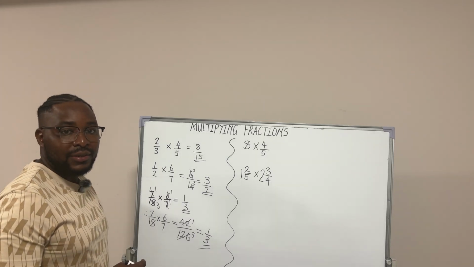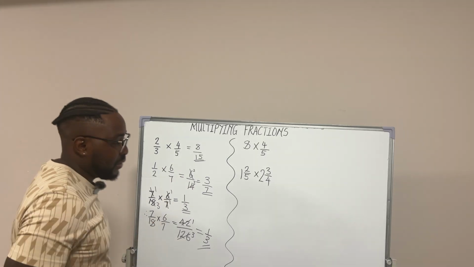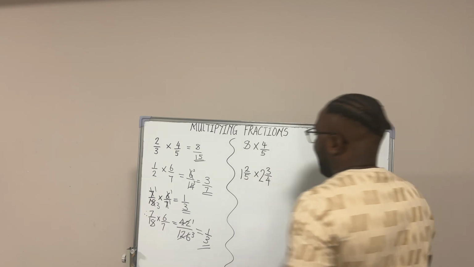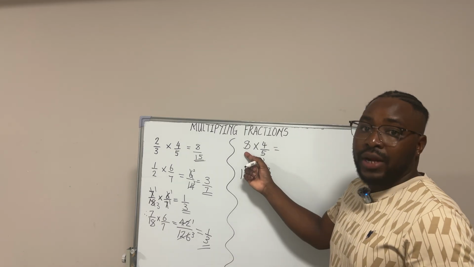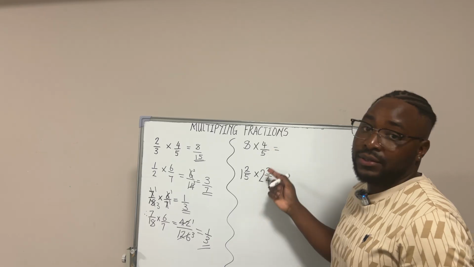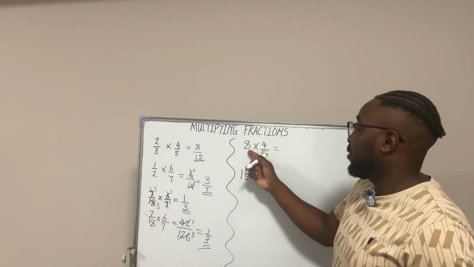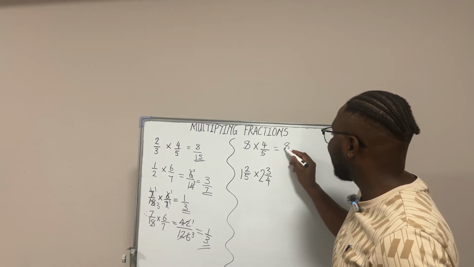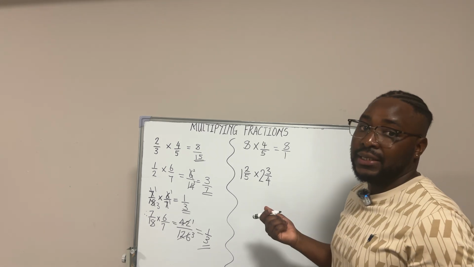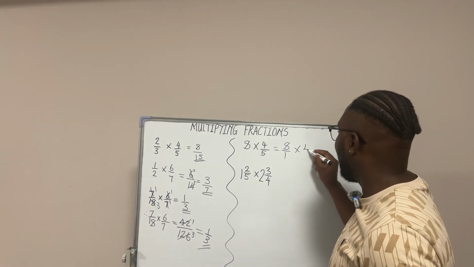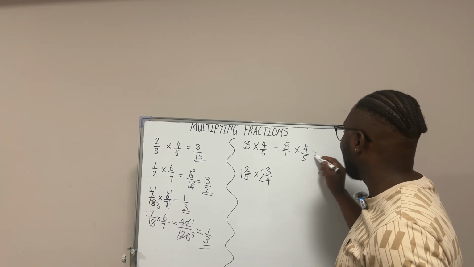Let's deal with our fourth question. With this question, we have a whole number and a fraction. But this whole number is just 8 over 1. It's the same, because 1 into 8 is 8. And multiply by 4 over 5.